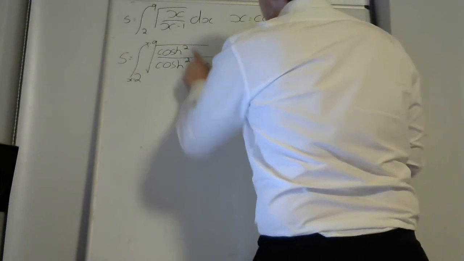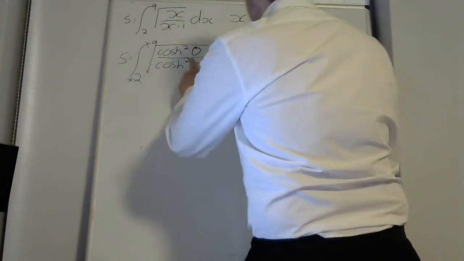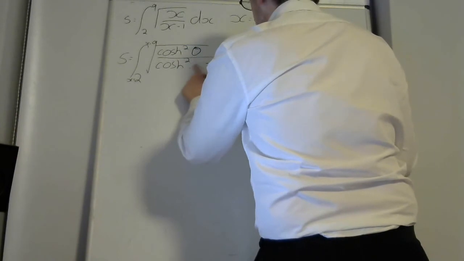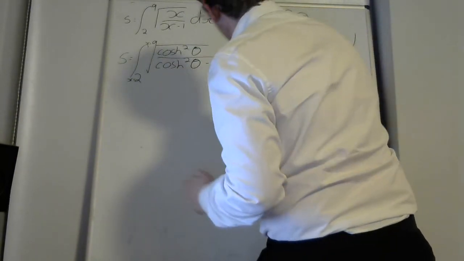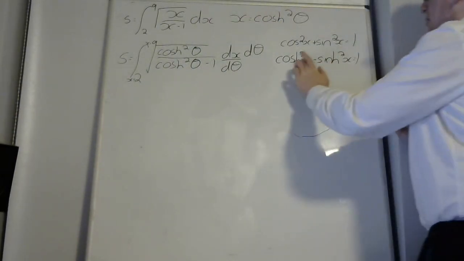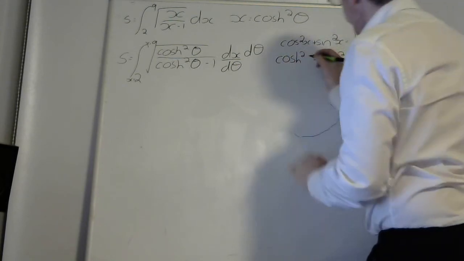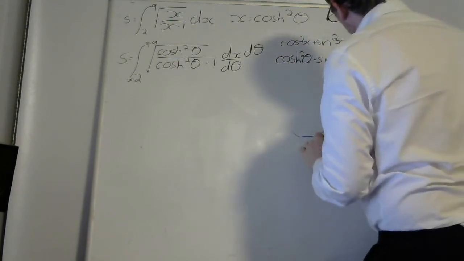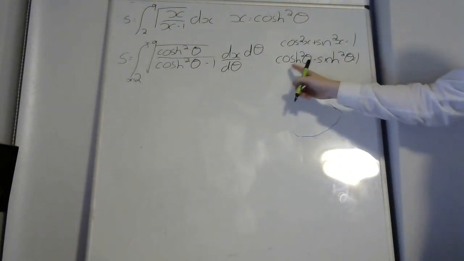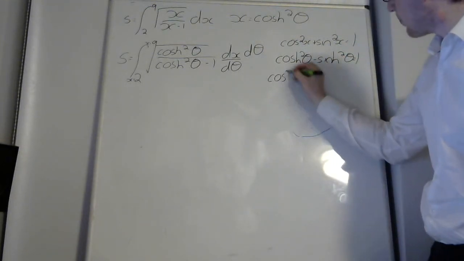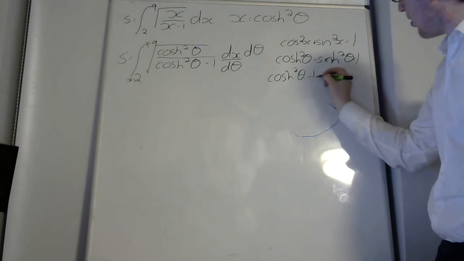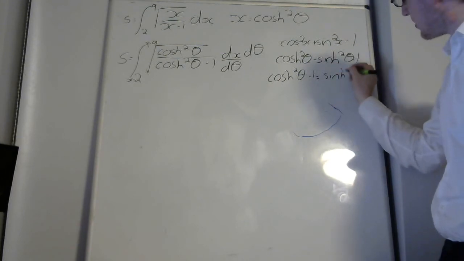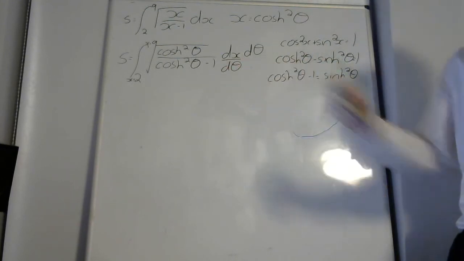God's sake. Theta. I'm lucky I've got a whiteboard. If I did this on pen and paper, I would have ripped it out and had to start again. So I want to make these thetas as well. Okay. Here we go. So cos squared theta minus 1 is equal to sine squared theta. Cool.